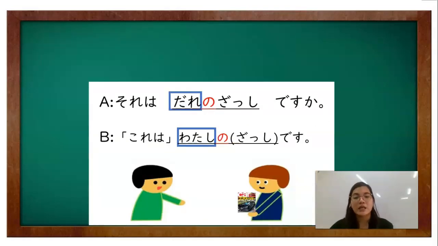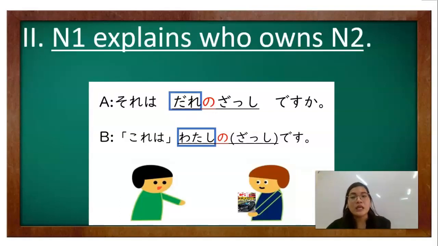Next, another use of no is that noun 1 explains who owns noun 2. As you can see, who means dare in Japanese, so you just put no after it and make dare no. Let's try the example here. それは誰の雑誌ですか?